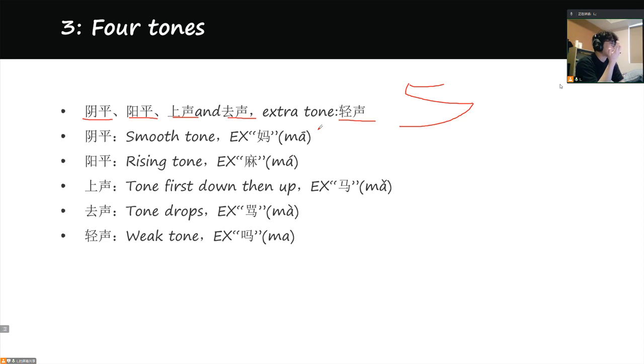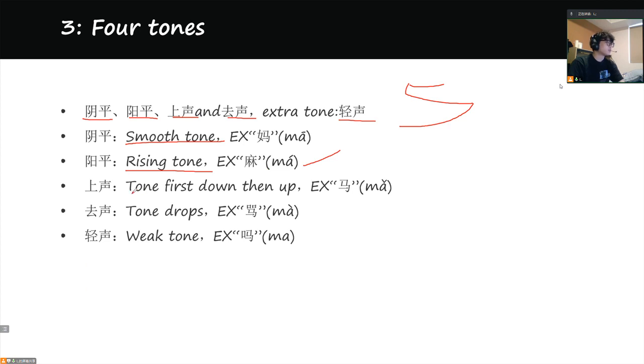For example, when we pronounce the word mother, 妈, we use the initial, the final, and the smooth tone. When we use the smooth tone, it's pronounced as mā, and when we use the rising tone, it's pronounced as má.